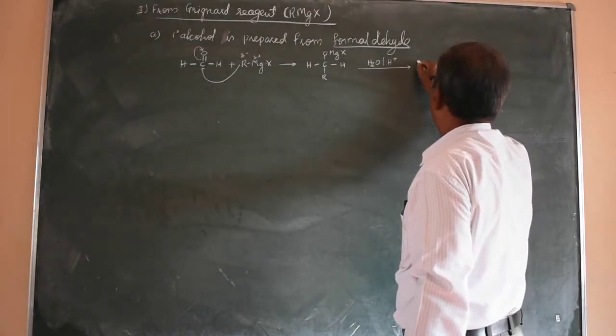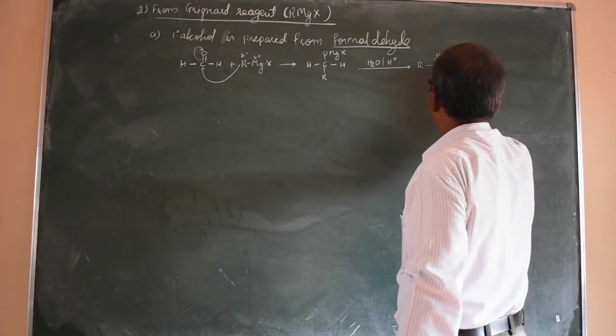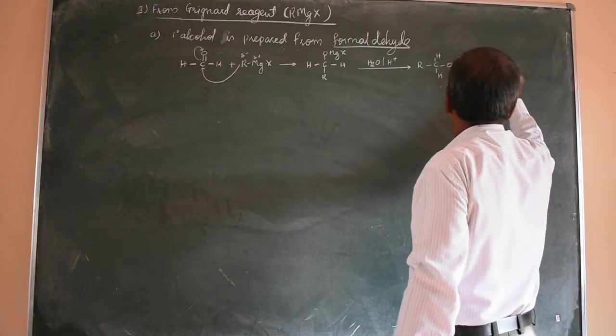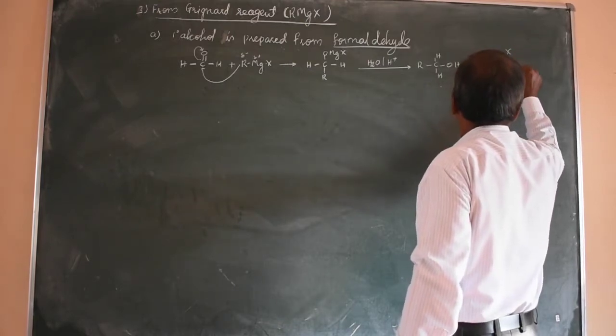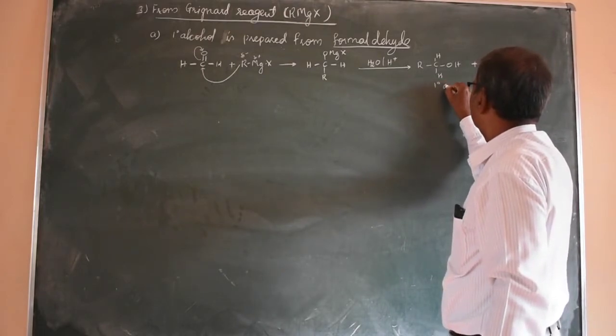It's RCH2OH and MgXOH. So we are getting 1 degree alcohol.